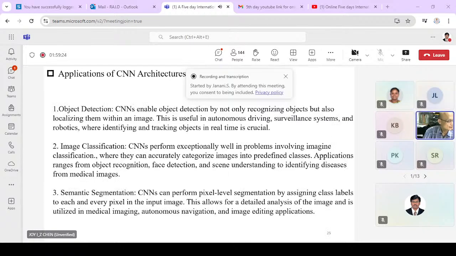Okay, about CNN applications, I will give just a few introductions. It is known that the CNN model is mostly applied in object detection and image classification, and it is also used in semantic segmentation.